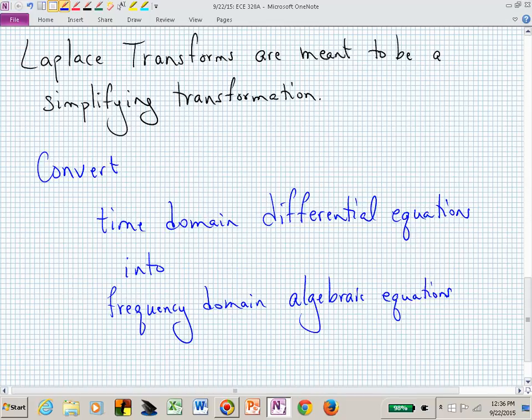Meaning we won't have to relearn KCL and KVL. We'll just use those using, again, algebra, which is what we've done in the beginning part of ECE 220 with all resistive circuits.